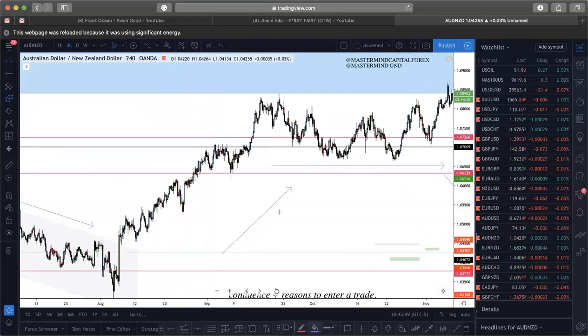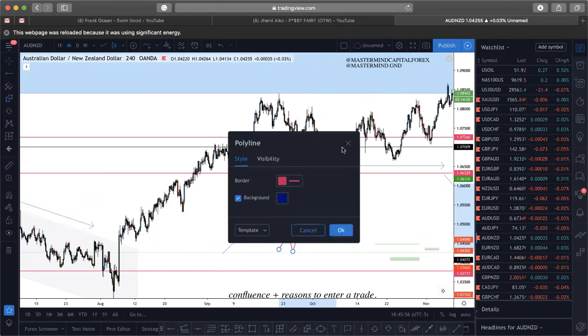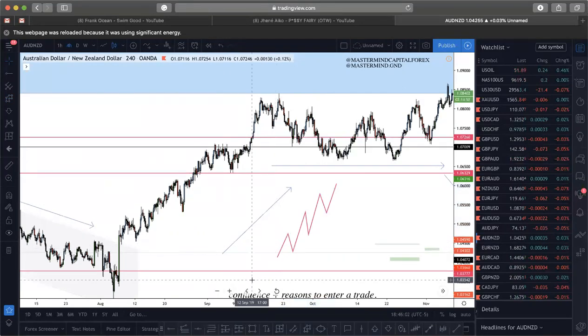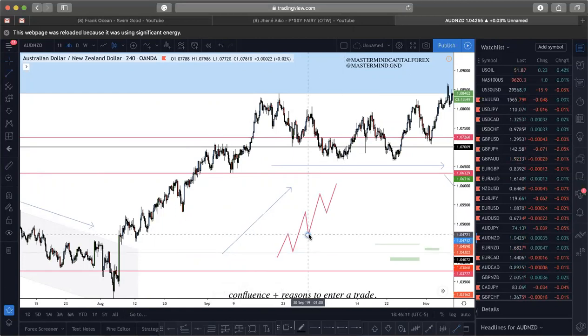So let's say we have an uptrend, right? And you need to draw a trend line. What you do, you look for the last two previous higher lows, you take the trend line and you connect them, right? You connect them and you extend it forward, right?